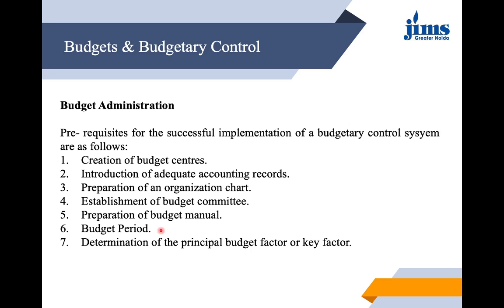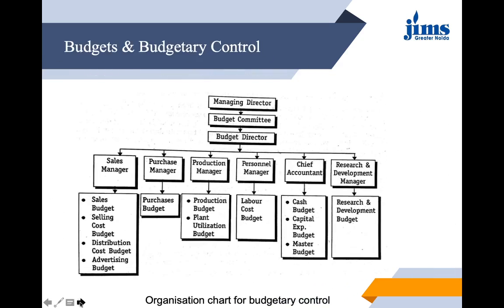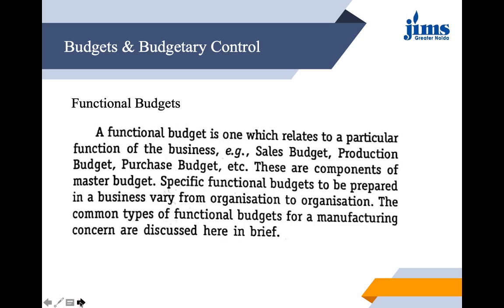Then next in this part we have functional budgets to study. We have already introduced these. A functional budget is one which relates to a particular function of the business, as I was telling you in the previous slides. It can be sales budget, production budget, purchase budget. These are the components of the master budget. Specific functional budgets to be prepared in a business may vary from organization to organization depending on the requirement.